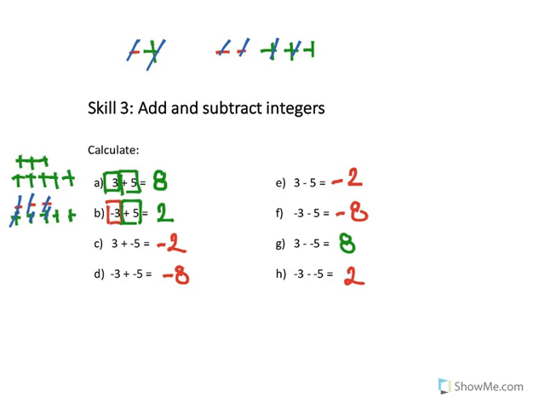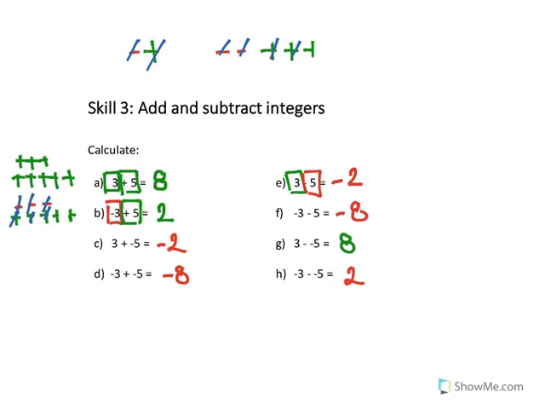So in E, I have a positive 3, so I put it in green, and a negative 5. Again, they're opposite colors, opposite numbers, so technically you subtract. Another way to do it is to think, 5 minus 3. So 5 minus 3 is 2, right? Now, do you have more negatives or more positives?